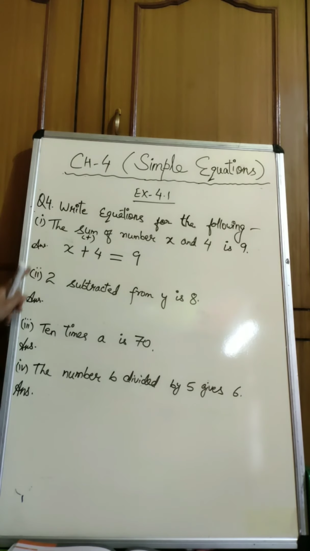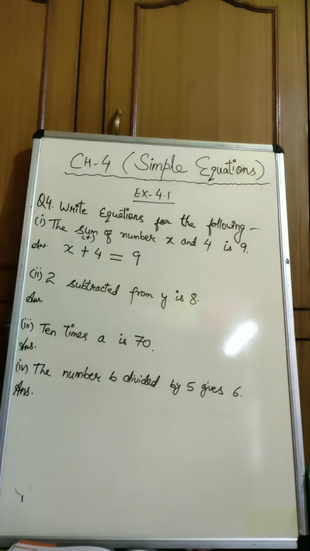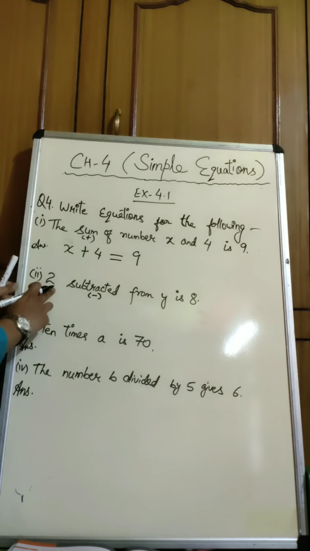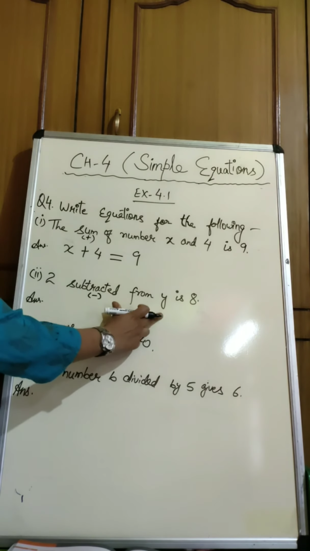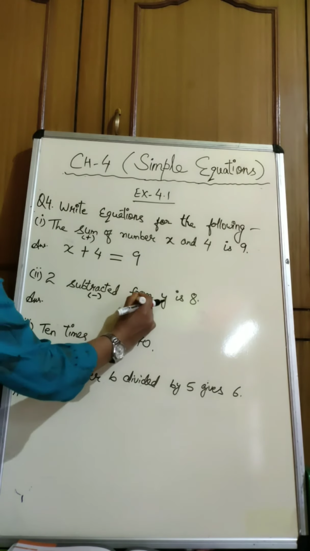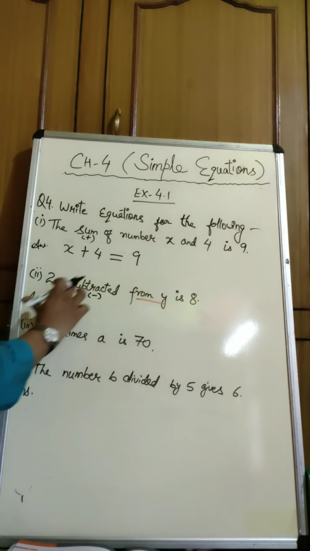Okay, now the second part: 2 subtracted from y is 8. Subtracted means minus. 2 subtracted from y. So we will write y first. Whatever number we have after from, that comes first.